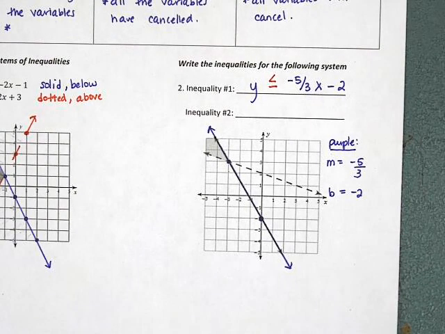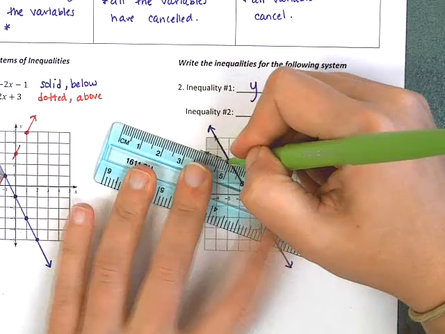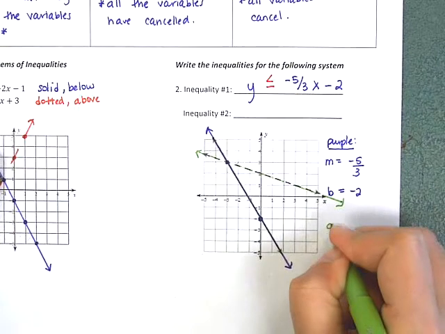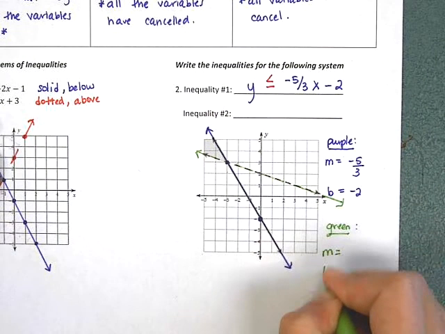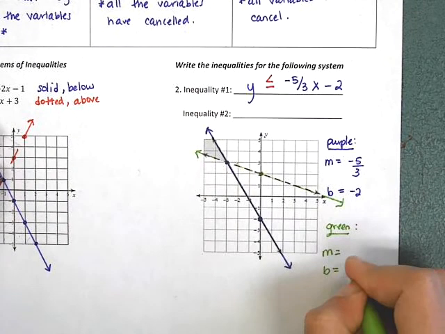Next, for the dotted line, I'm going to call that my green line. So if I make that line green and dotted, for my green line, the slope and the y-intercept, let's see, for the y-intercept I would have 2.